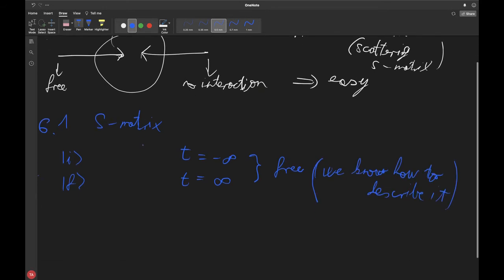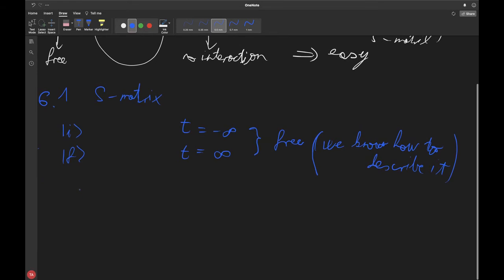For the scattering amplitude, we are interested in the scalar product of the particles, not at the time in minus infinity or infinity, but when the collision happens. So let's say that the collision is at t equals 0.